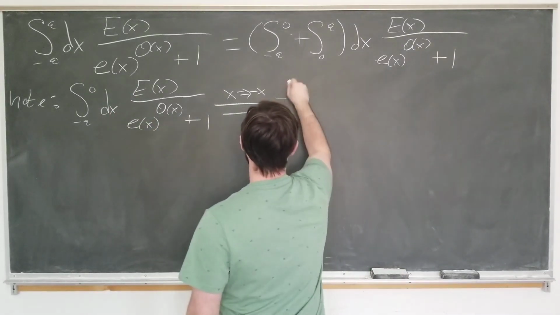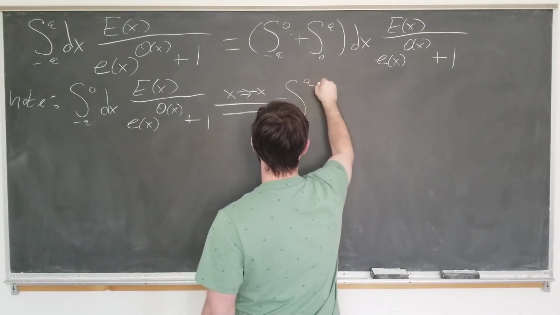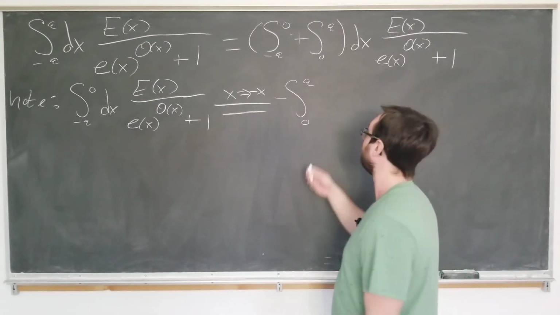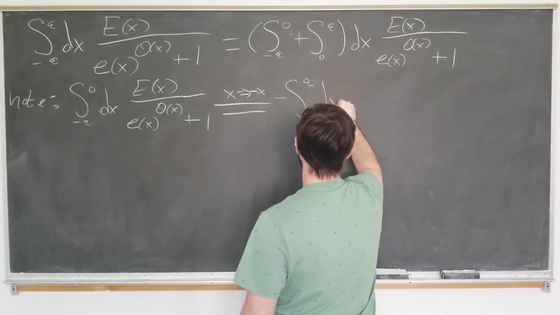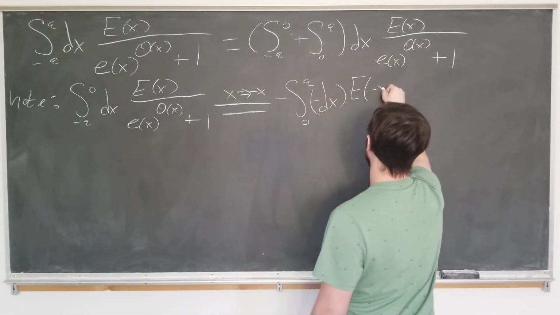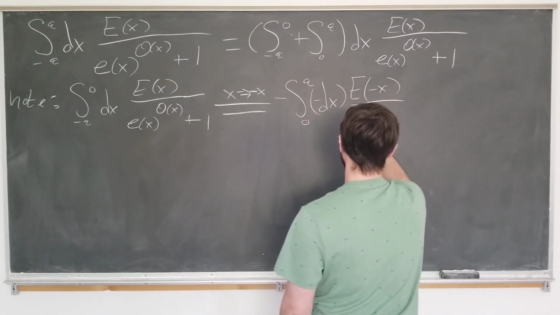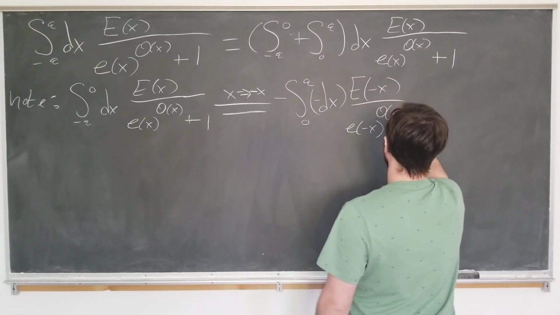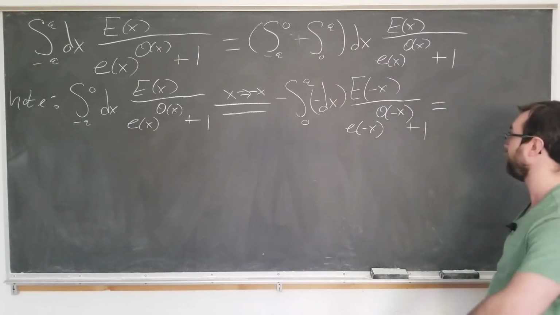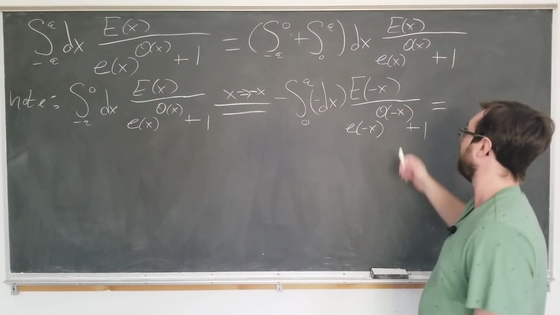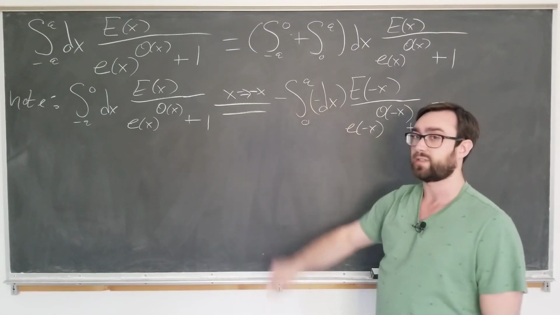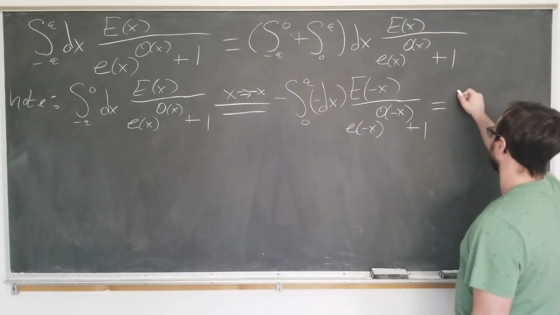So minus the integral from 0 to a, since when you let x go to minus x, it flips the signs of the bounds as well. With respect to minus dx, we have our even function of minus x over some other even function to the odd function plus 1, and we see, using the properties of even and odd functions, these are going to be the same. This is going to have a minus sign. These two minus signs actually cancel out, which is pretty cool.